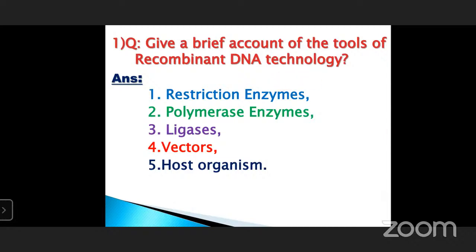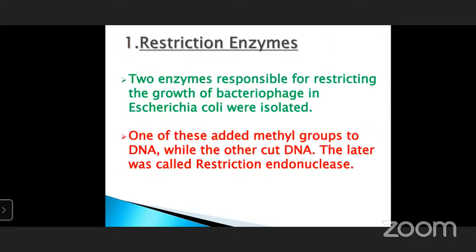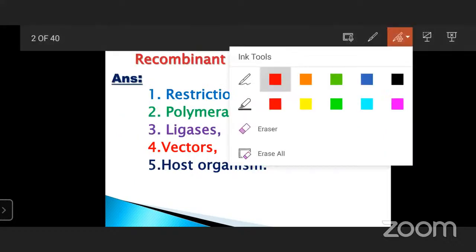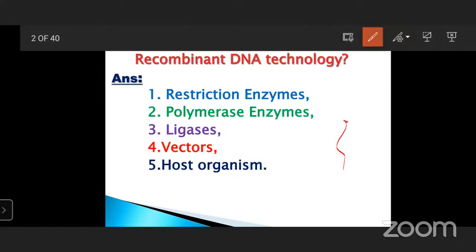Recombinant DNA means first we have to take the desirable genes from the host organism. These desirable genes are isolated from this host, and we have to take a small piece of DNA from this host organism, and then this desirable DNA is incorporated into a vector.